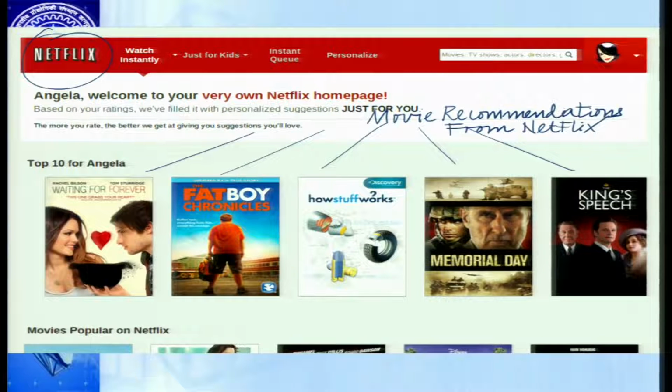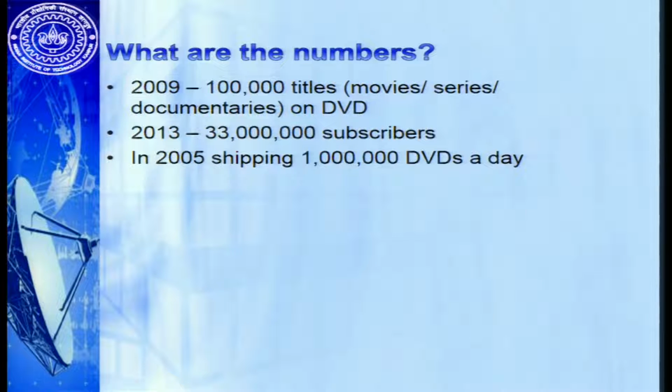As I have already said, the more relevant these movies are, or the closer they are to that particular user's interest, the better the recommender system is.